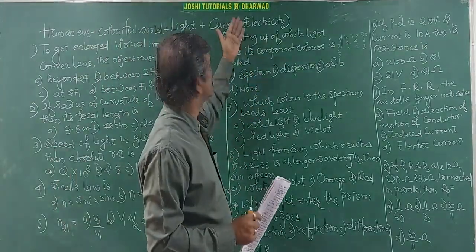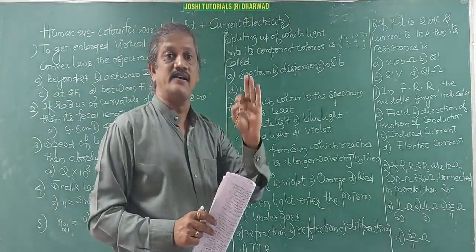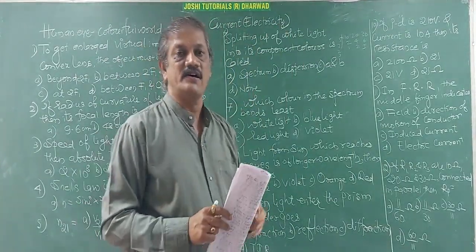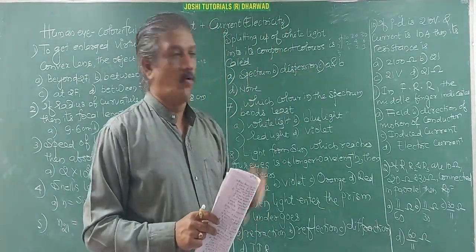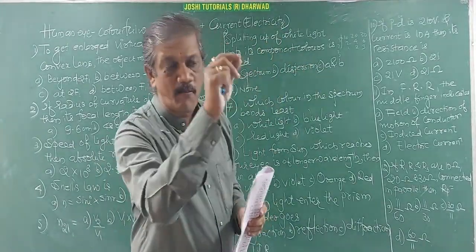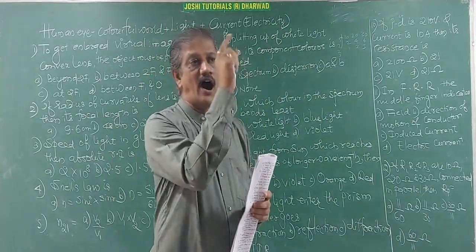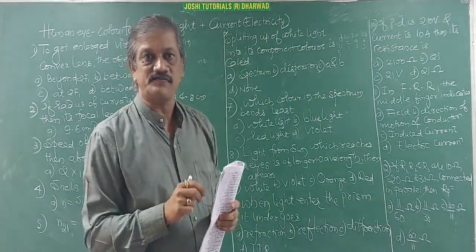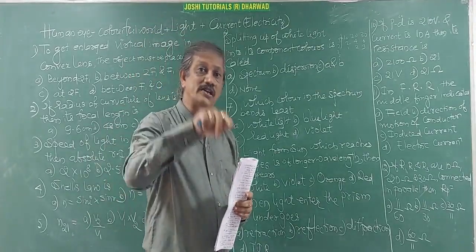Next, if you come across current: I is expressed in amperes, resistance in ohm, voltage or PD in volts, resistivity in ohm meter. Formula: R is equal to rho L upon A, V equals IR, Ohm's law.